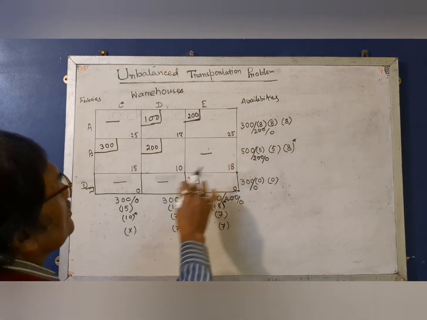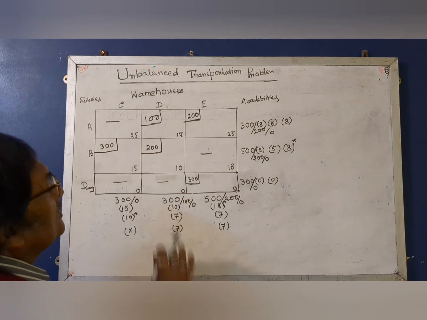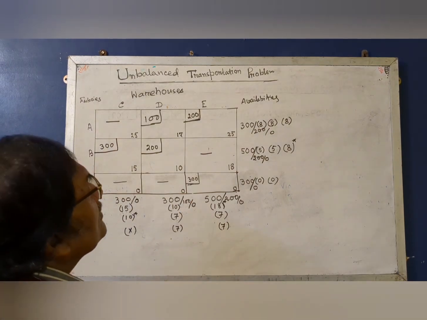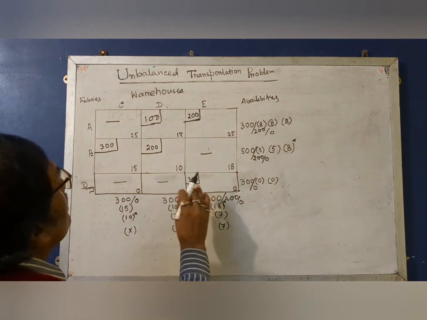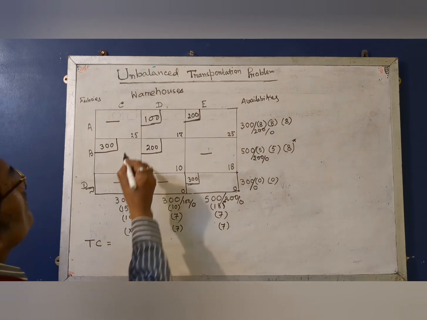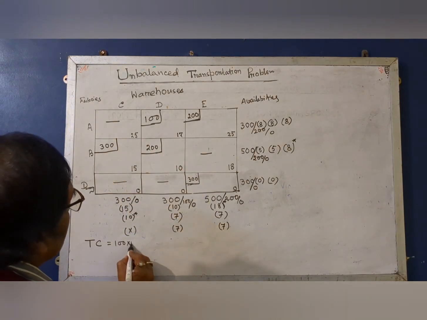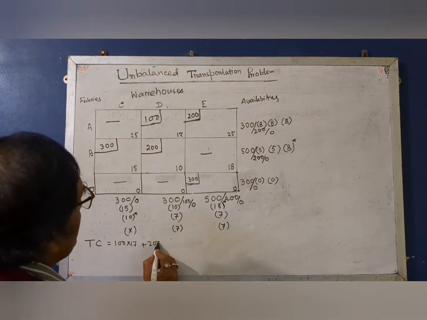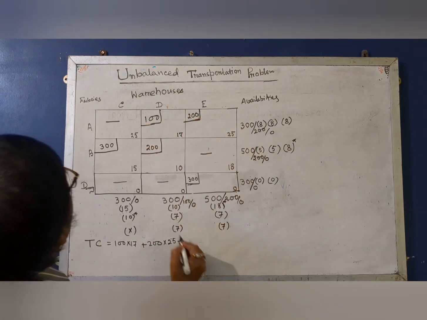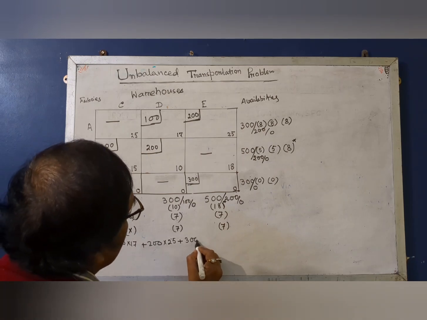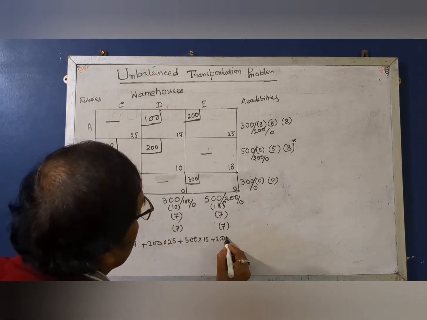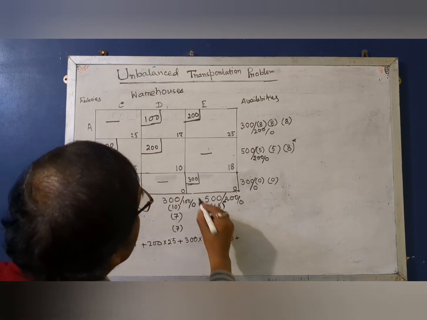If you calculate the transportation cost, you will see this is not the lowest one. If you proceed further with an optimum technique like MODI, then this transportation cost will be reduced. Now what is the initial transportation cost for the initial allocation? It is 100 into 17 plus 200 into 25 plus 300 into 15 plus 200 into 10 plus 300 into 0.